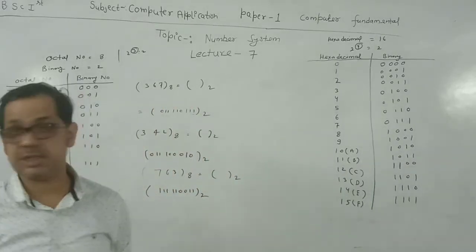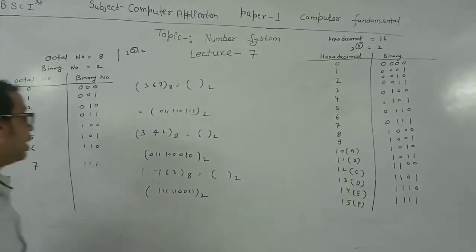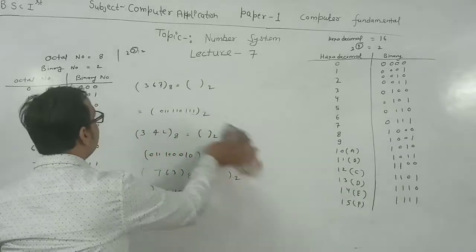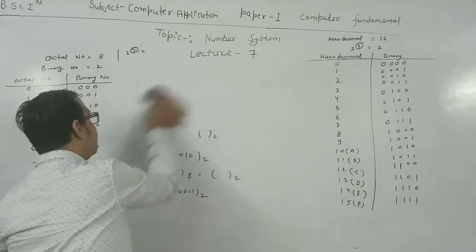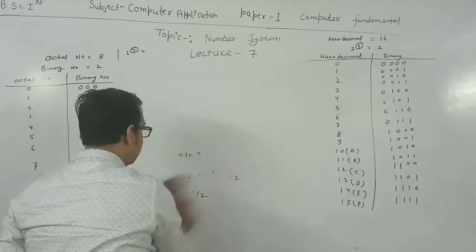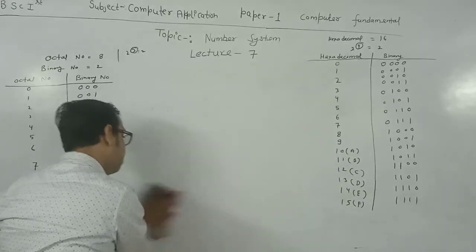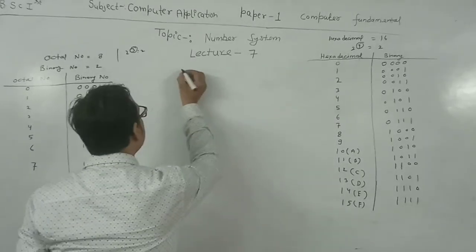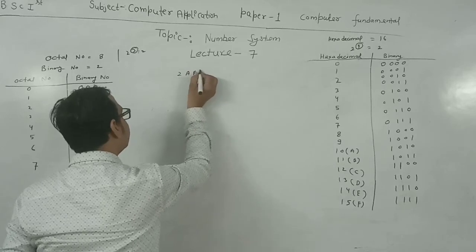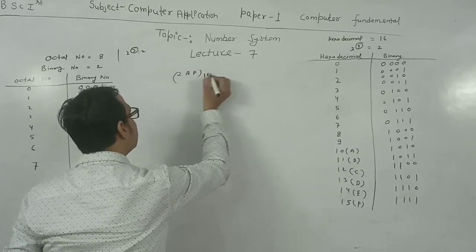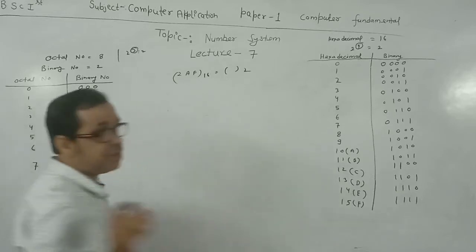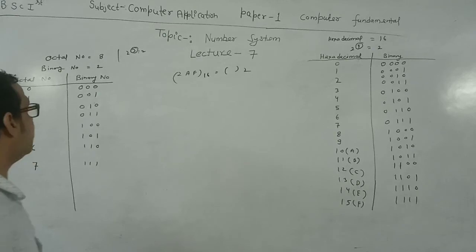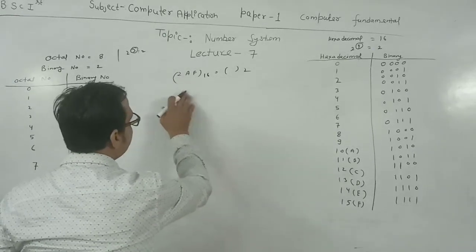So this is the table, and it represents the numbers from hexadecimal to binary. Let us do some examples of how to convert a number from hexadecimal to binary directly. Take a hexadecimal number like 2AF, and we want to convert it into binary. We have two ways. First, convert this number from hexadecimal to decimal and then decimal to binary.